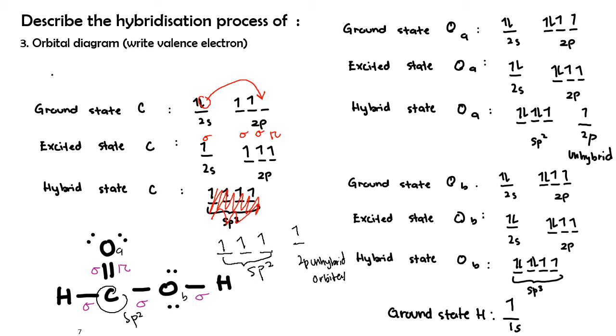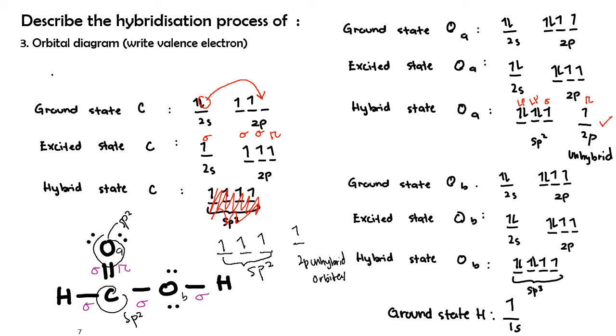And then next, for oxygen A, sp2 also. For sp2 hybrid, you have 2 lone pairs, and 1 sigma bond, 1 pi bond. So this matches the Lewis structure.